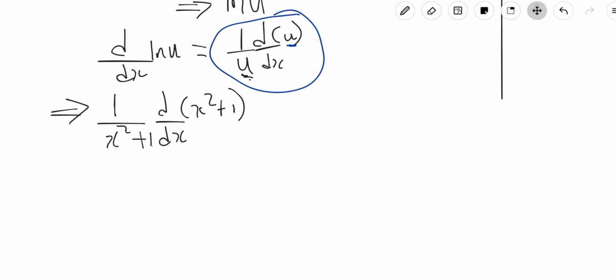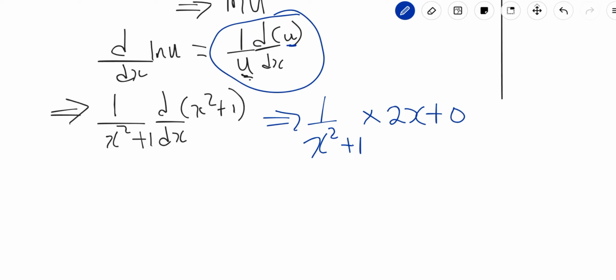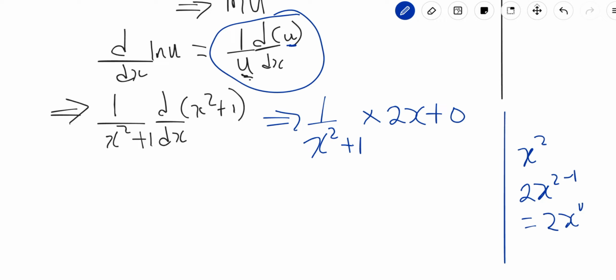This is going to give me 1 over x squared plus 1. Now differentiate x squared plus 1. That's going to give me 2x plus 0. If I differentiate x squared, I'm going to have 2x raised to the power of 2 minus 1, which is 2x raised to the power of 1, the same thing as 2x.